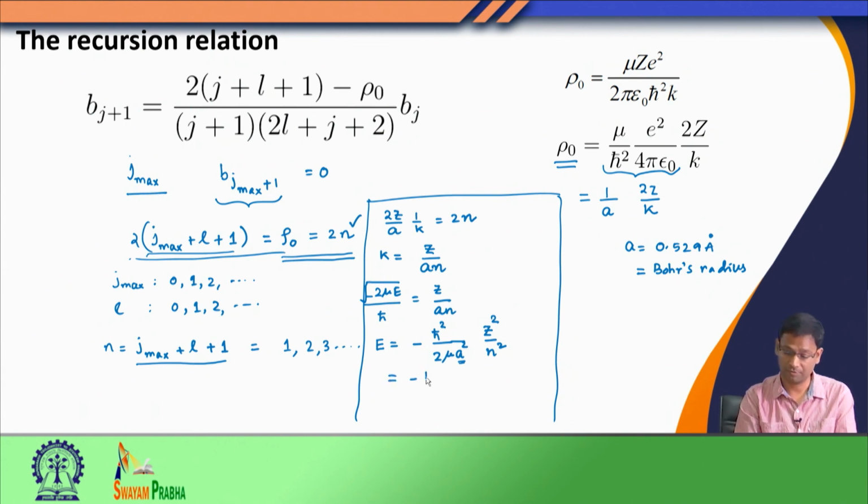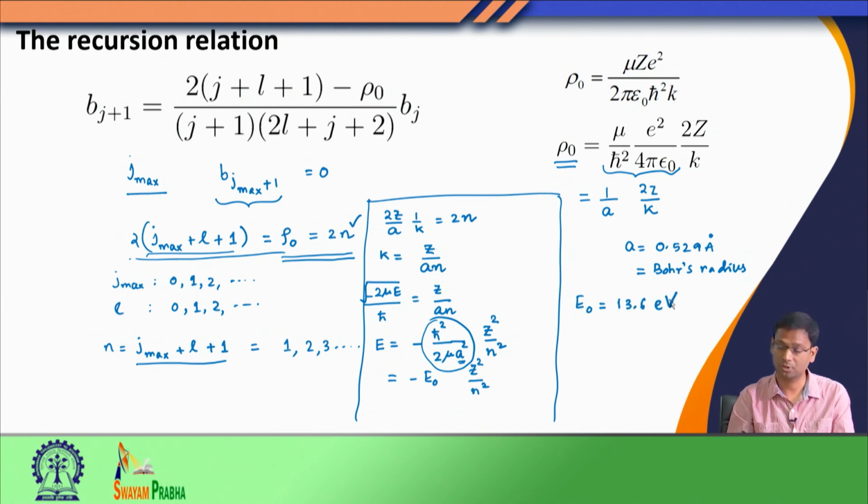So, therefore, let us give another name, E0, to this new constant, multiplied by Z square by n square, where the value of E0 is 13.6 electron volt. Now, what I see is that I have these energy values of the hydrogen atom, which is equal to minus E0, which is a constant here, multiplied by Z square.